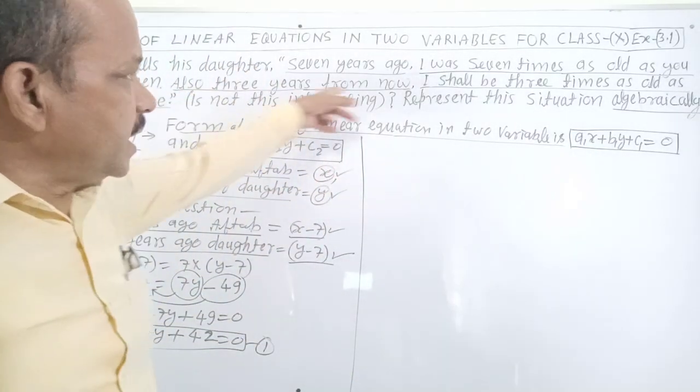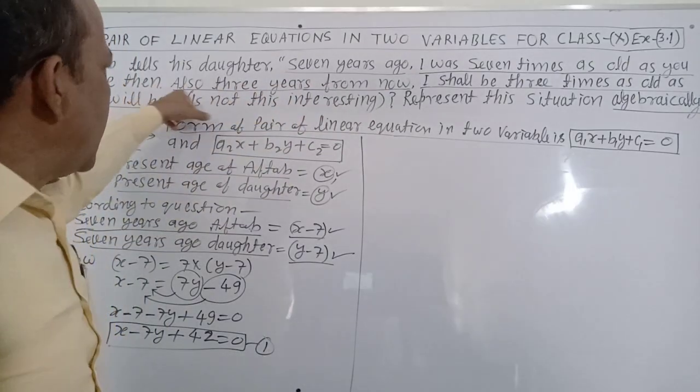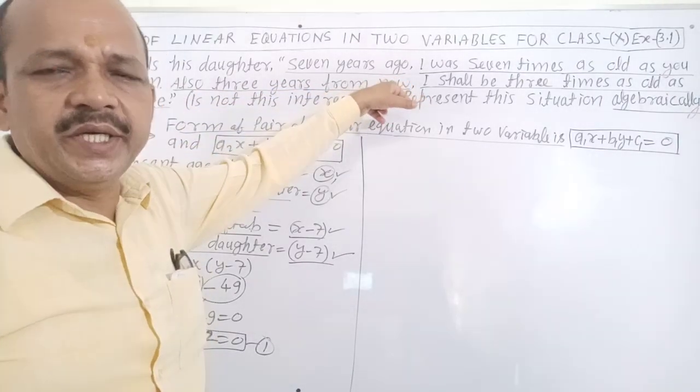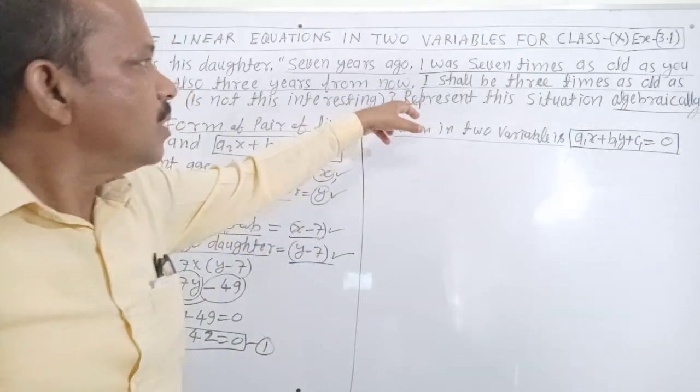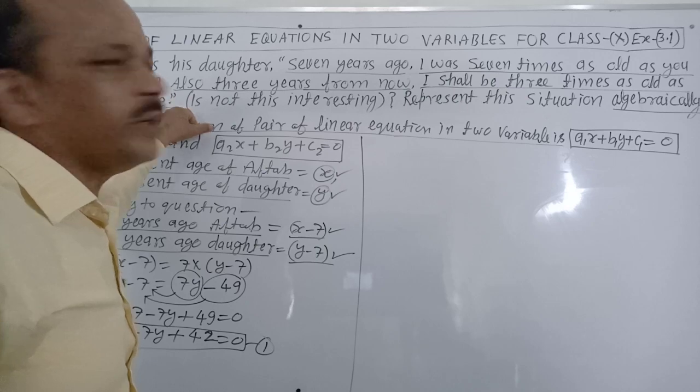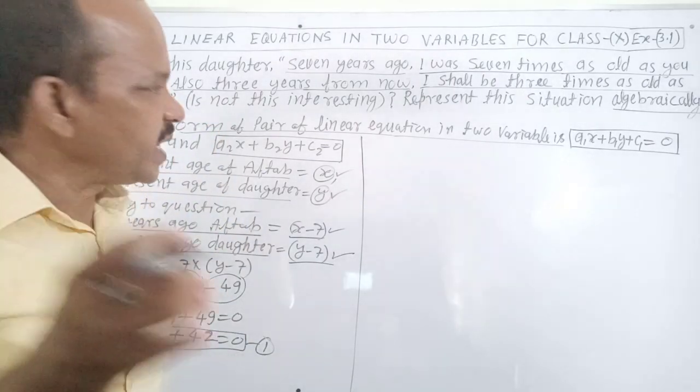according to the second statement, also 3 years from now, I shall be 3 times as old as you will be. It is clear?